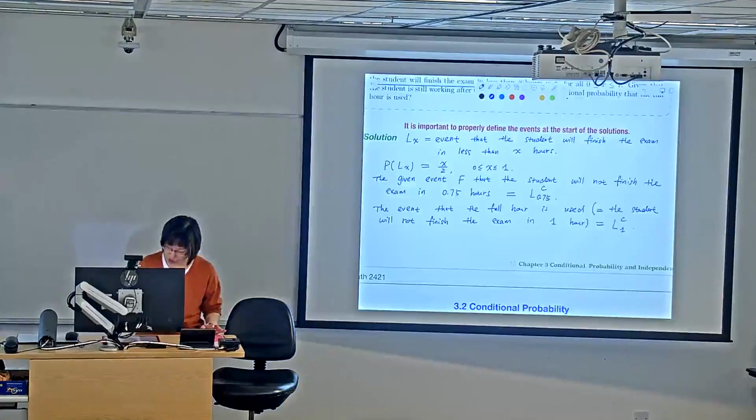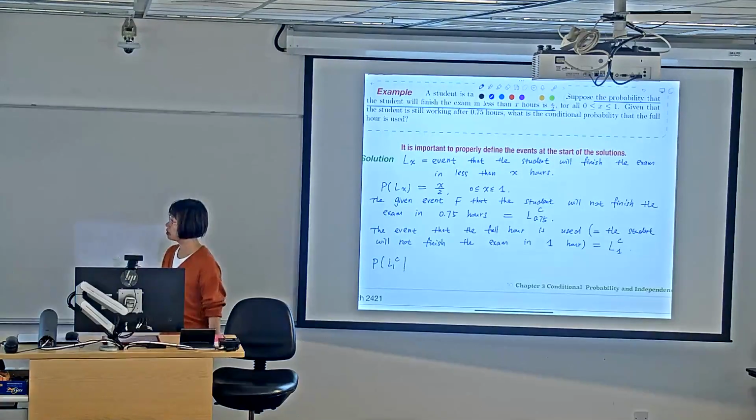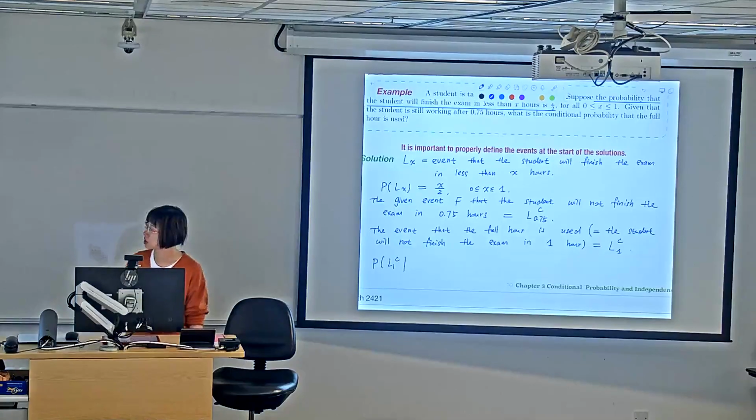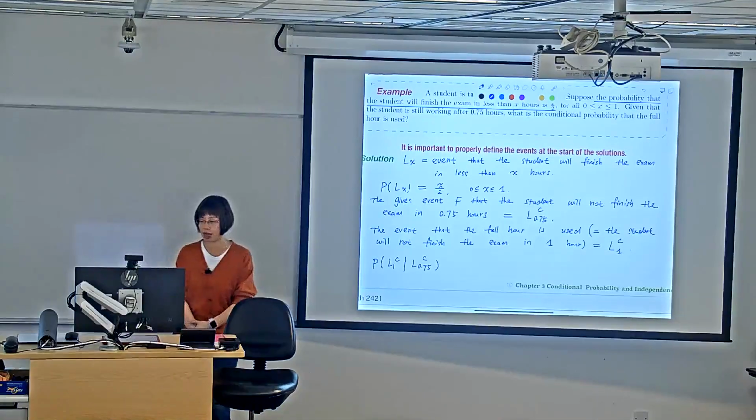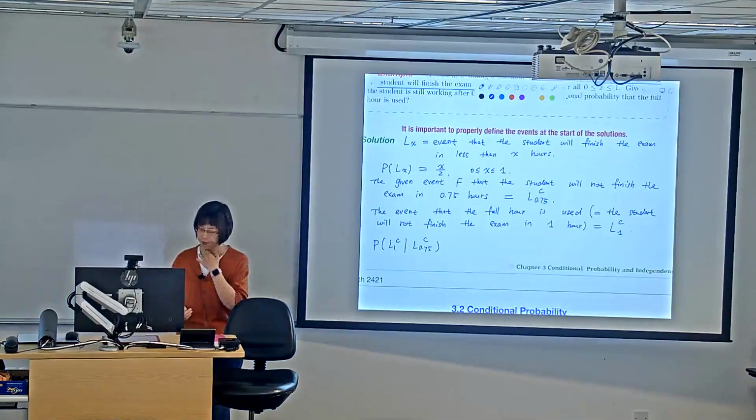What we are asked to find is this conditional probability: the probability that the full hour is used, the complement of L_1, given the conditioning event that the student is still working after 0.75 hours, which as we explained is the complement of L_0.75. That's the probability we need to find.